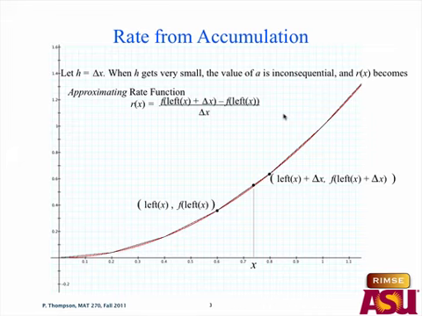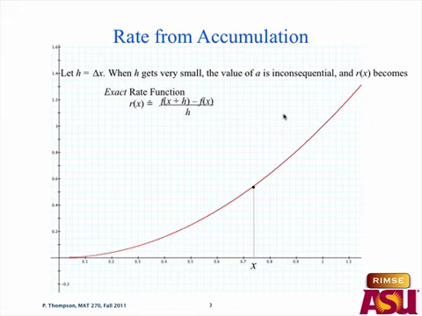Or that piecewise linear function, whose slopes are the average rates, will do a better job matching that accumulation function. And then we said often we use h to represent delta x. So h is a common shorthand notation for delta x.